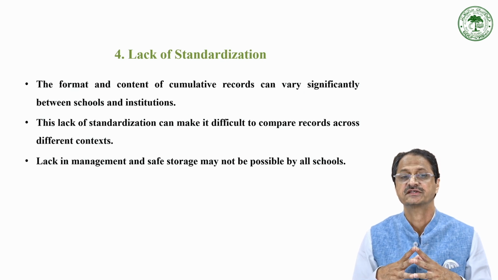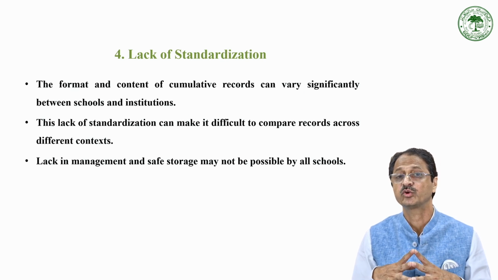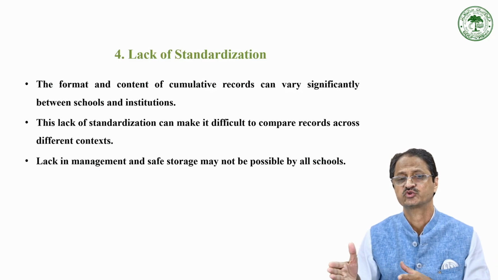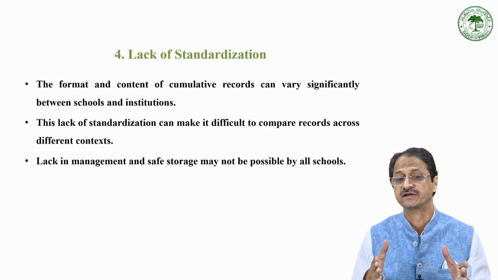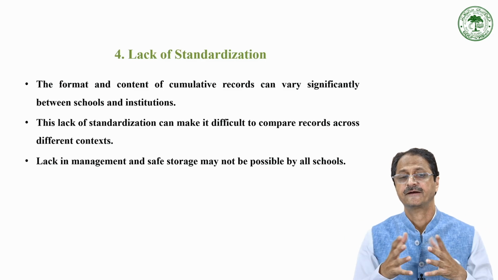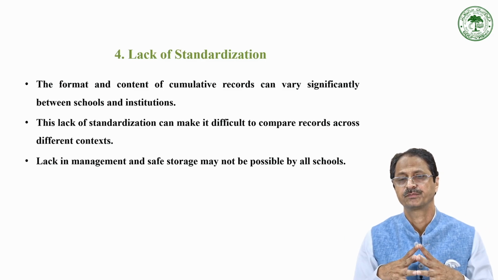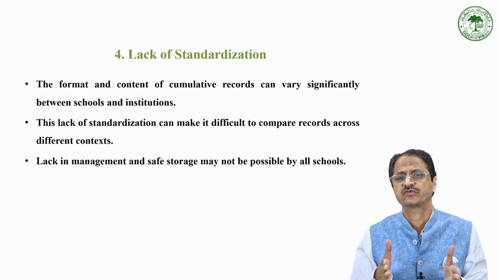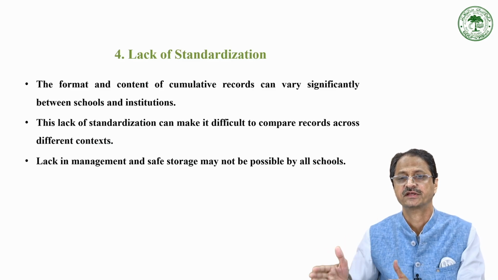Lack of standardization. The format and content of cumulative records can vary significantly between schools and institutions. This lack of standardization can make it difficult to compare records across different contexts. Lack in management. When schools are preparing it, there is no standard procedure of collecting information and recording it.